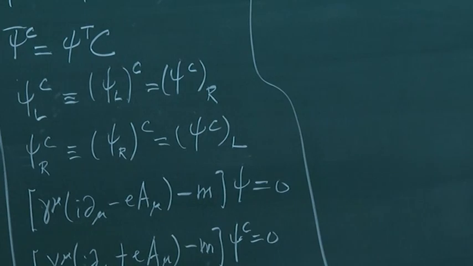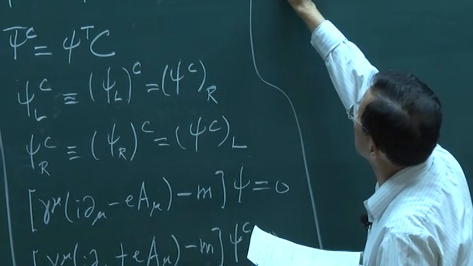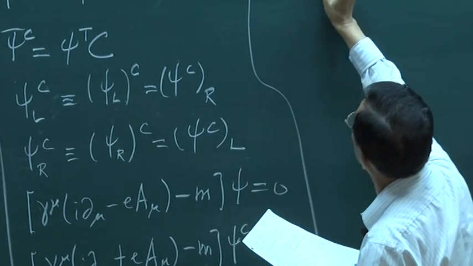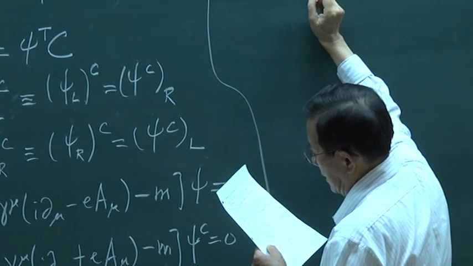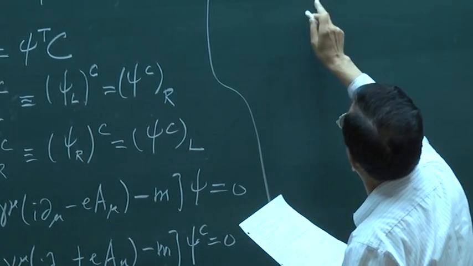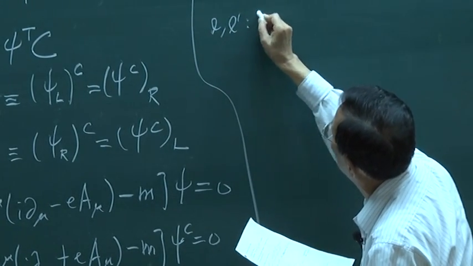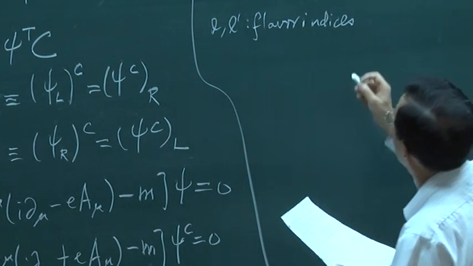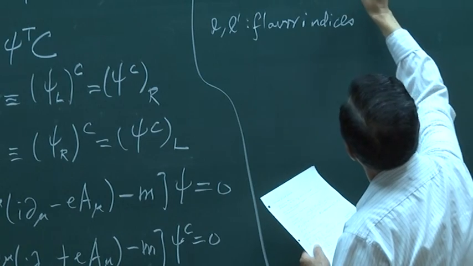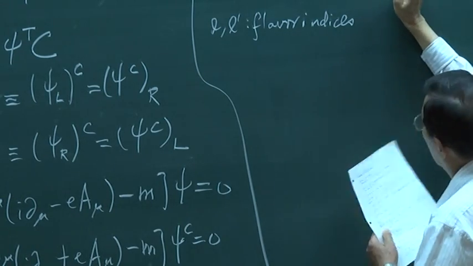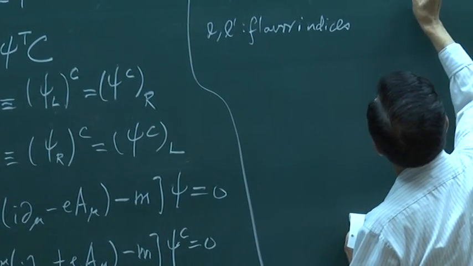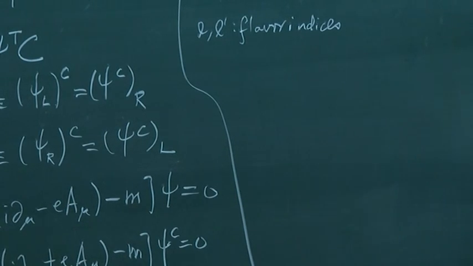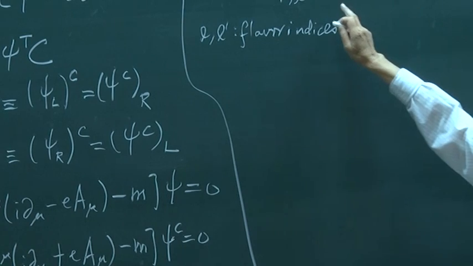With all these preliminaries, we introduce the Majorana mass term for nu L. That's equal to minus one half, sum over l and l prime, where l and l prime are flavor indices, of nu l bar left-handed, times a mass parameter M l l prime, times nu l prime C. Remember that this is a right-handed field, so this is left-handed and right-handed.